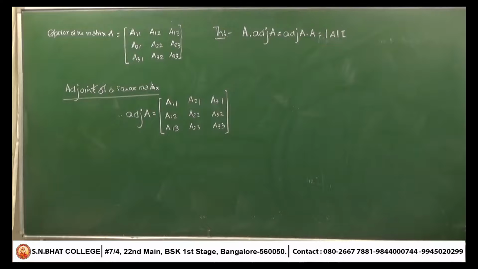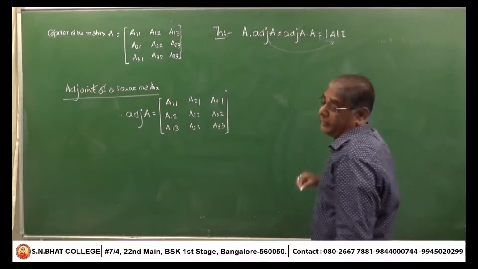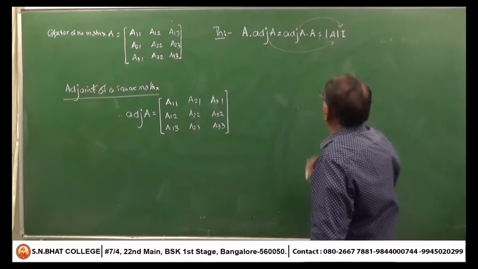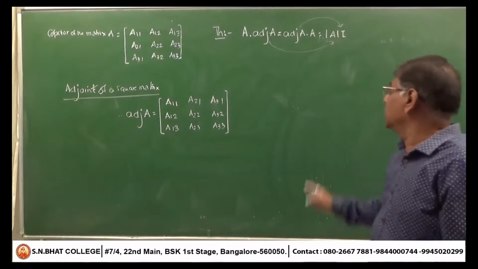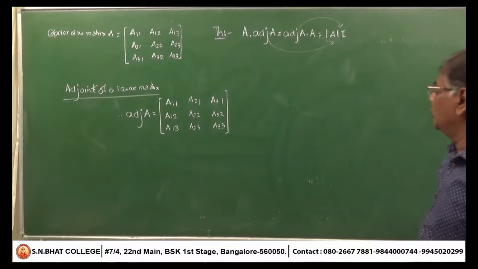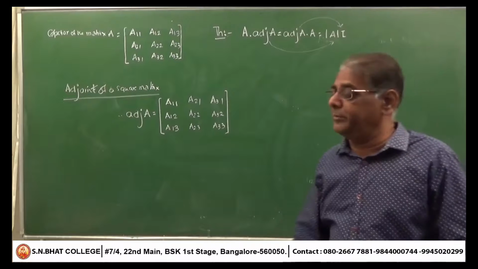This is one of the important theorems. Proof is not important, but using this theorem, we will do some problems. The meaning of this statement is that A into adjoint of A is equal to determinant of A into I, and adjoint of A into A is equal to determinant of A into I. Both left hand sides are equal to determinant of A into I. Please remember this statement.